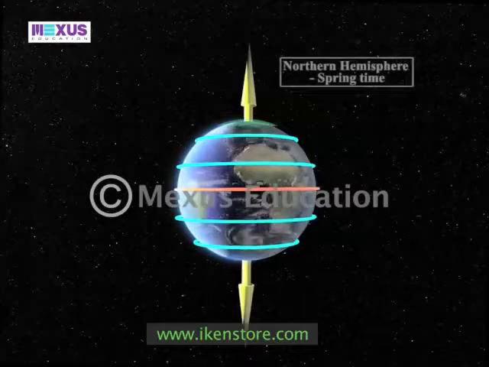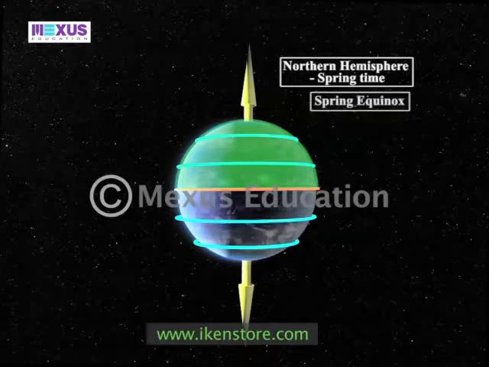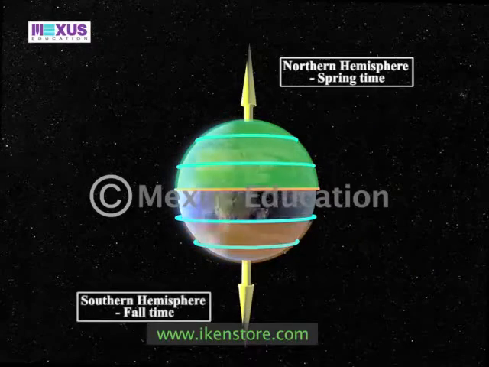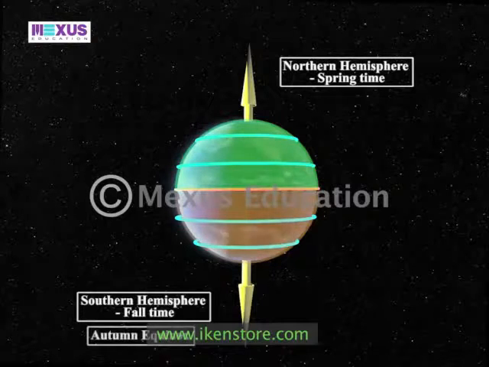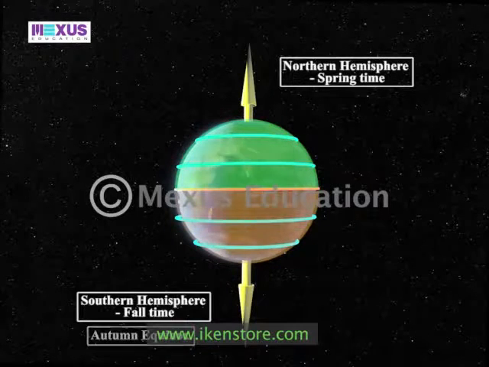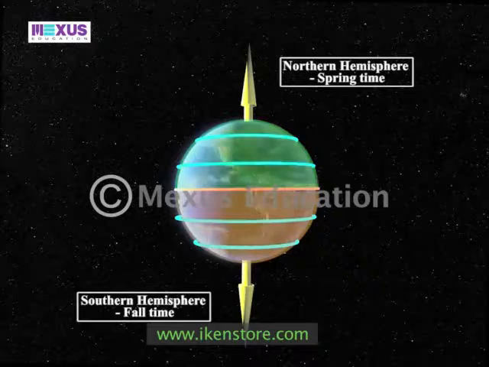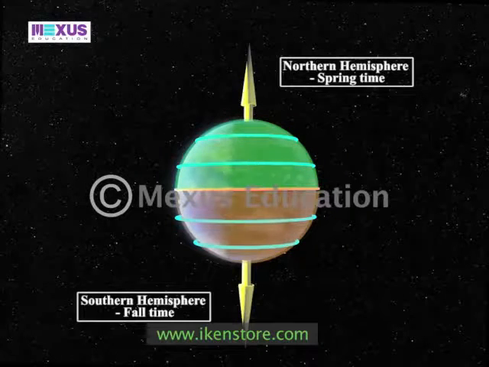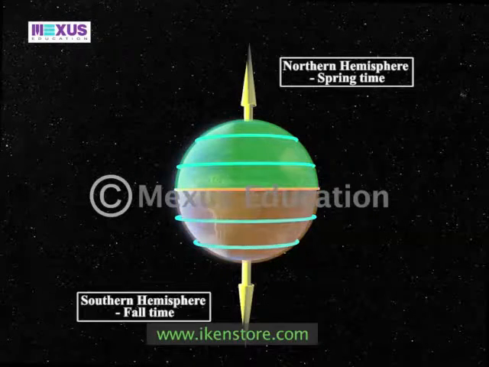During this time, the northern hemisphere is in the spring equinox and the southern hemisphere is in the autumn equinox, thus implying the springtime to come in the northern hemisphere and the fall time in the southern hemisphere.